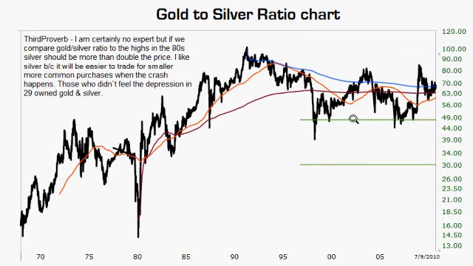The fundamentals really don't signify for this ratio to get a lot higher. As I've stated, this is only a 40-plus year chart. If you consider what the ratio would look like in the early part of the 20th century, 19th, 18th, 17th century, and so on, it historically doesn't trade as high as this does.